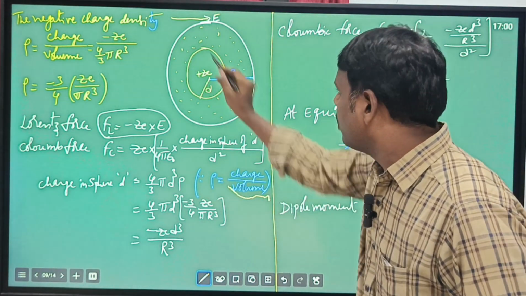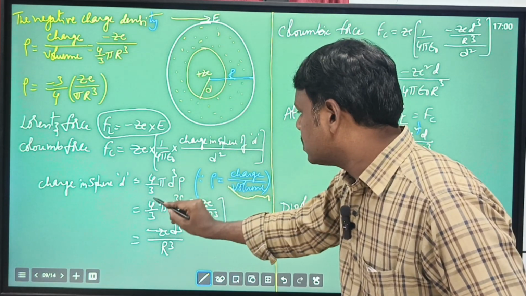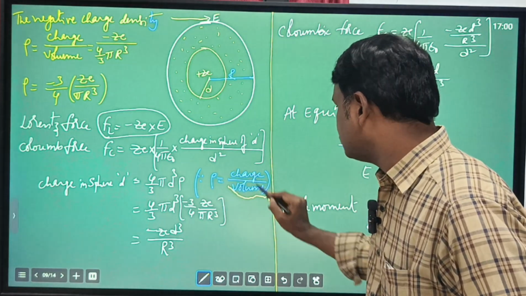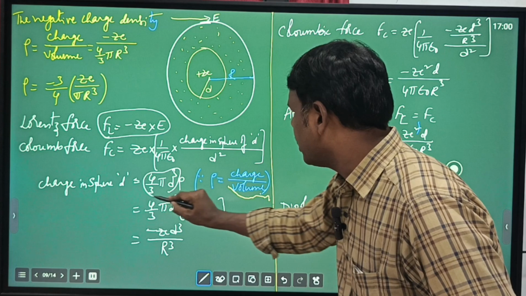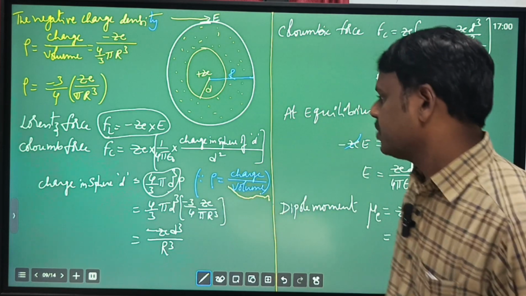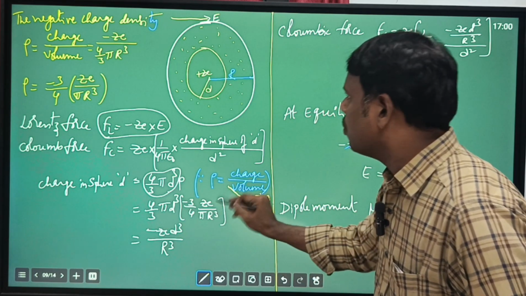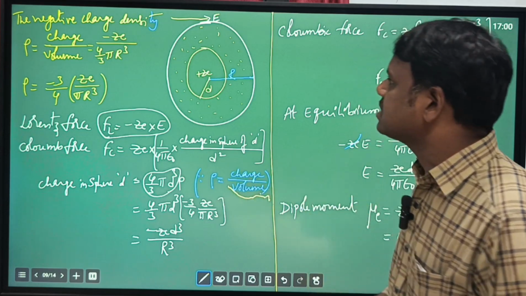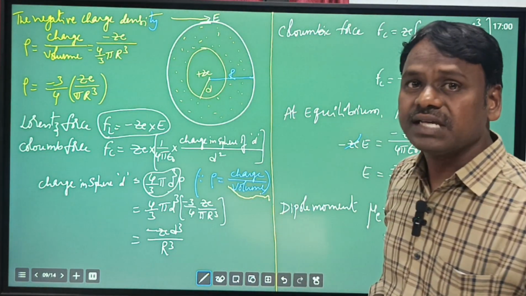The volume of the sphere of radius d is 4/3 pi d cube, so charge is equal to 4/3 pi d cube into rho. Here rho means the negative charge density of the sphere of radius r.